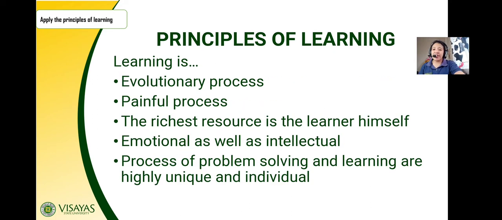Next, learning is an evolutionary process, meaning it is changing. There is learning when there is change, but this change is not abrupt. So, it requires time and patience. When we learn, it needs time.